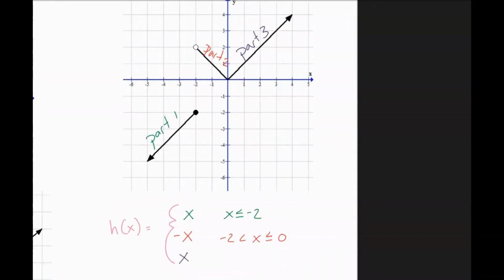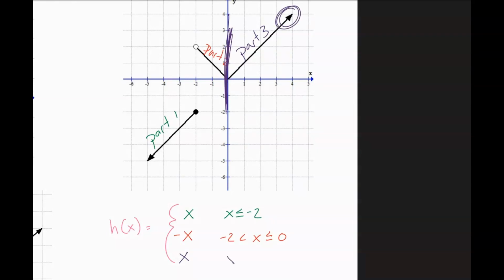Then we are graphing part 3 for the x values between 0 and there's an arrow. So now here's the trick. Because this is considered one function, you cannot repeat your x values.